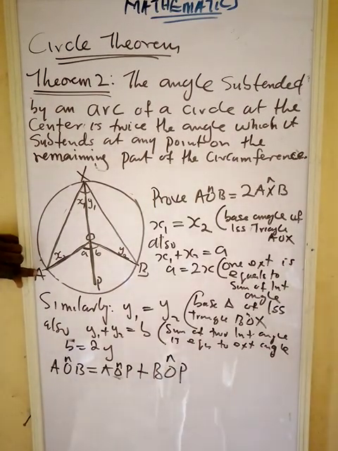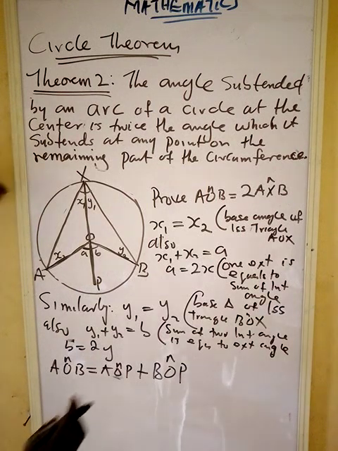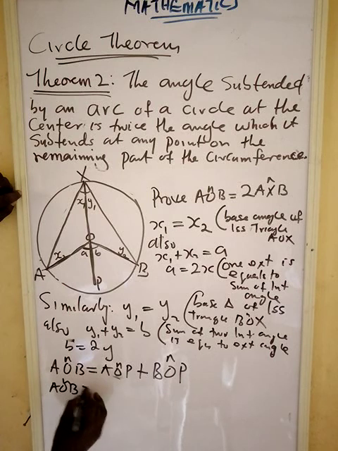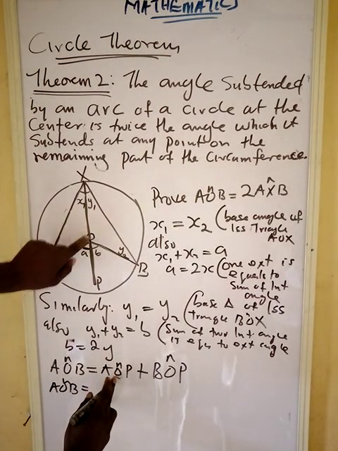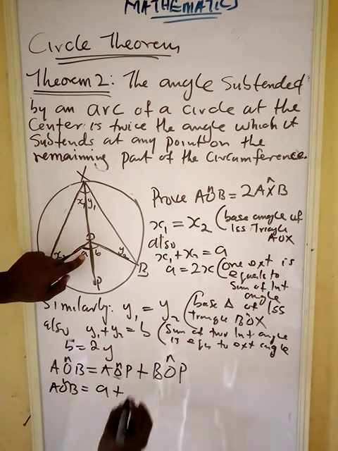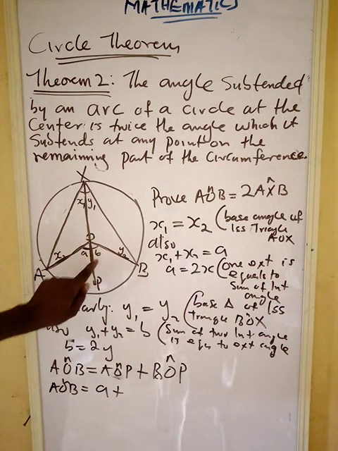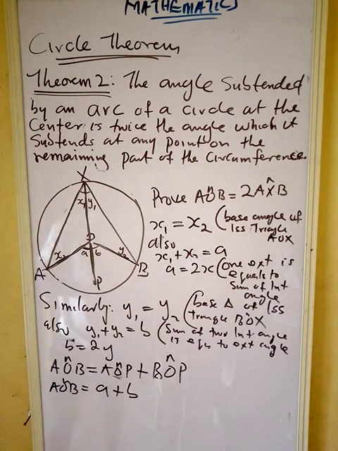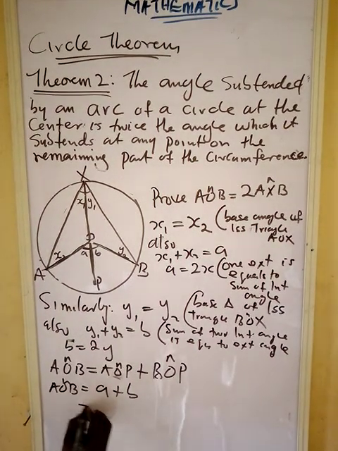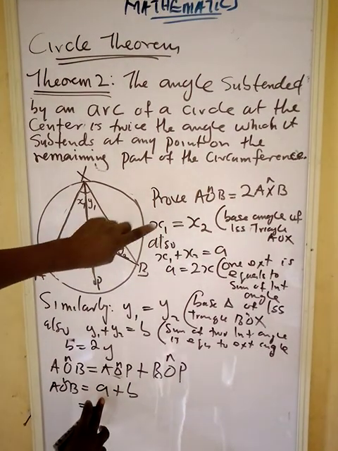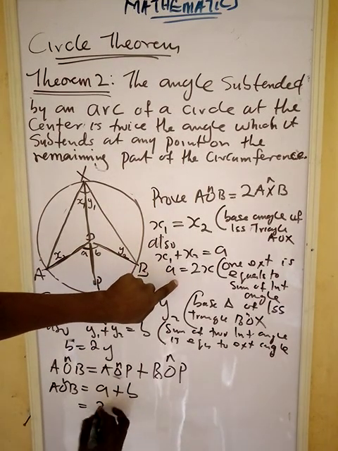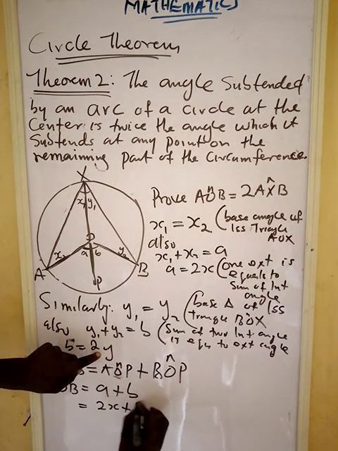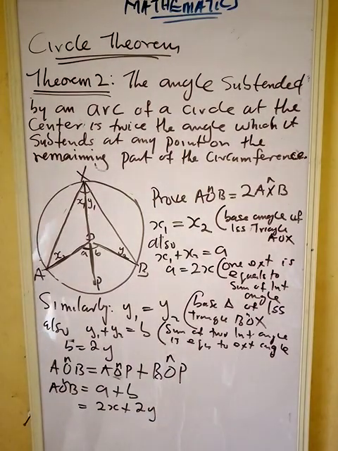Our angle AOP is A, and our angle BOP is B. Now from here, what's our A? Our A is 2x, plus our B, which is 2y.